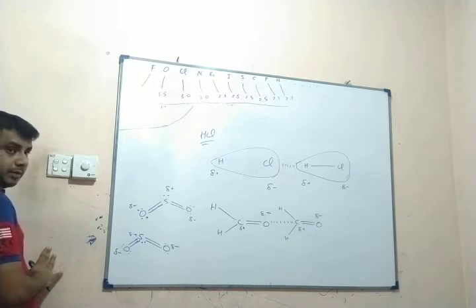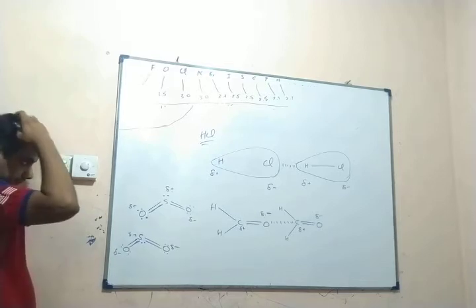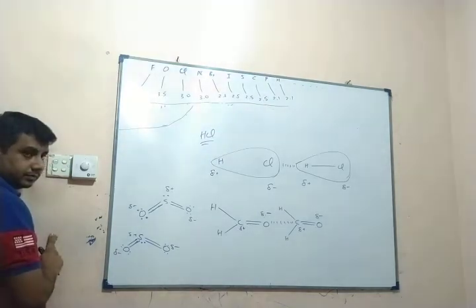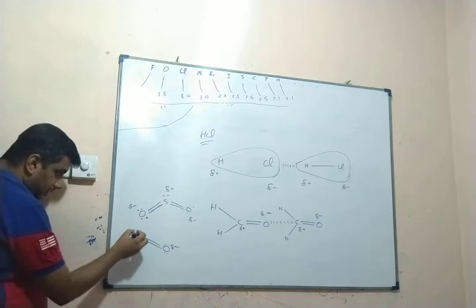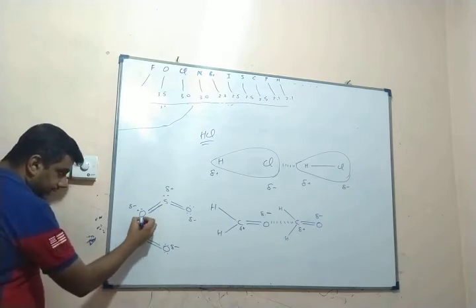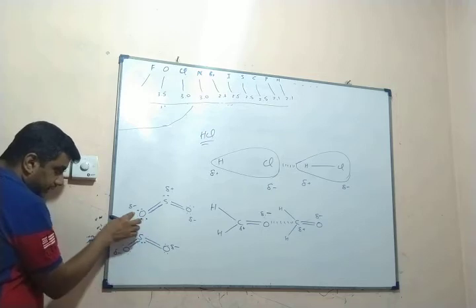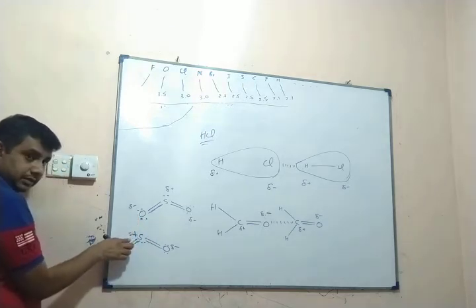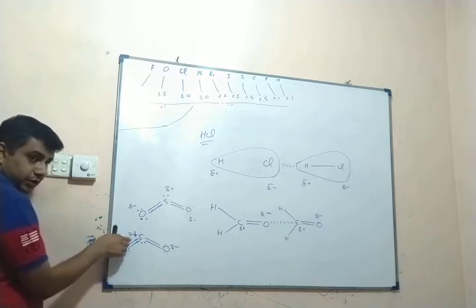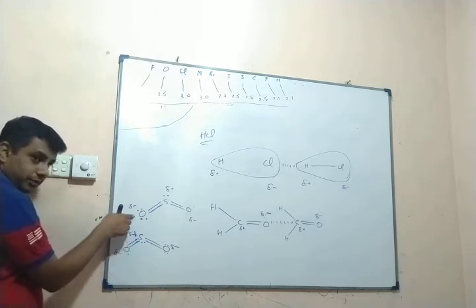How would the dipole attraction be? Like this. The attraction should be between the delta plus positive pole of this molecule and the negative pole of the other one.